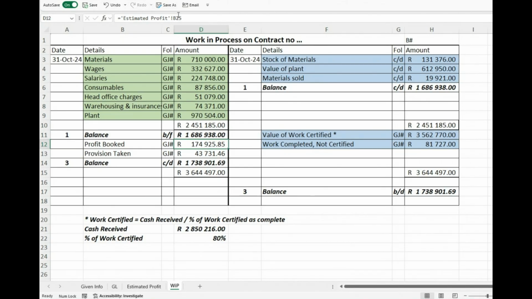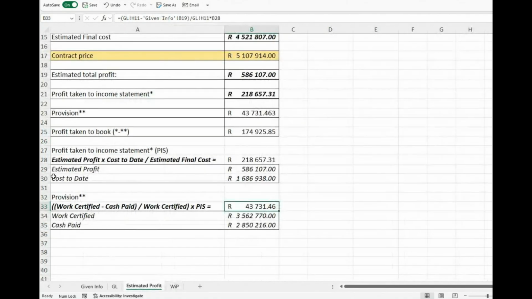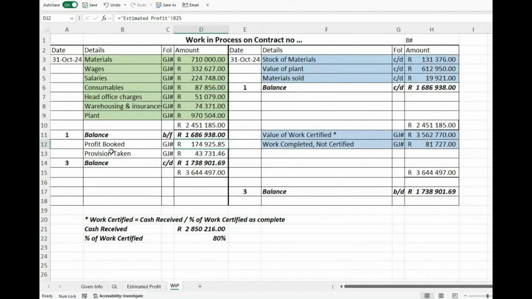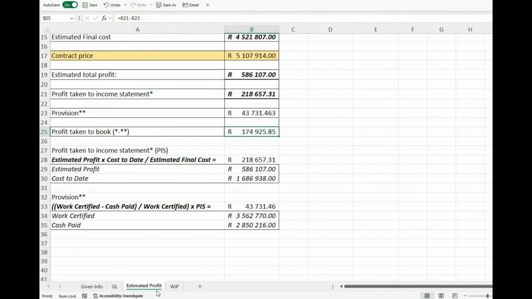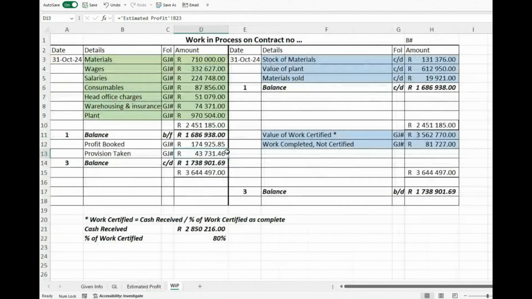Well, it was given there as your estimated profit in B25. So that is what you've calculated there. Okay. And then your provision was calculated also here.